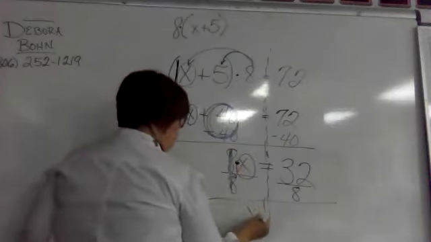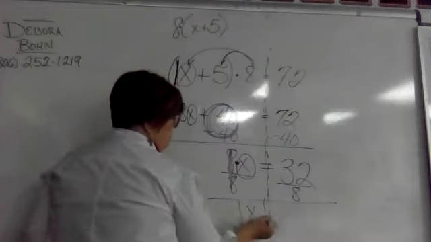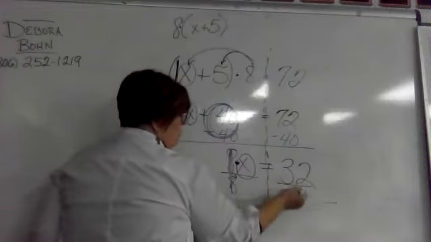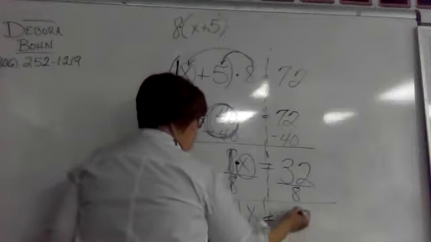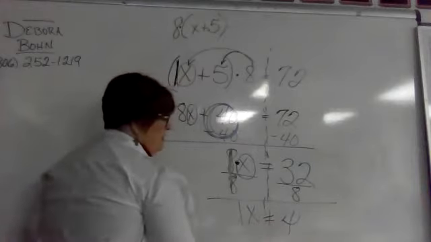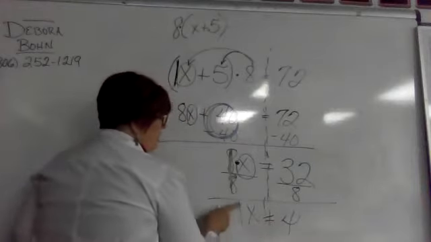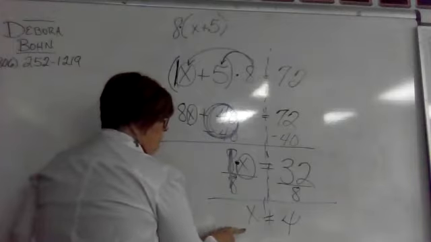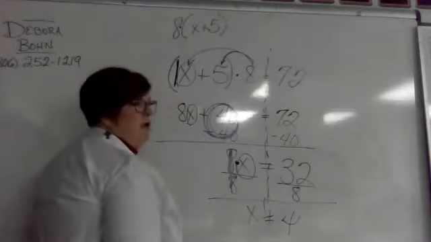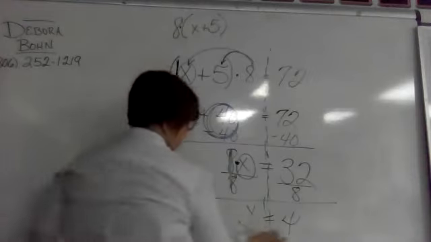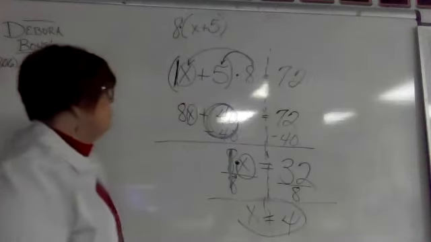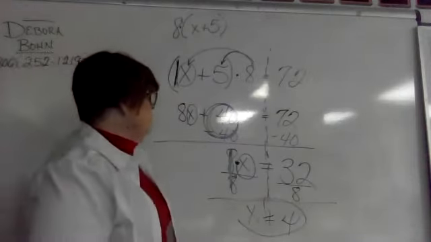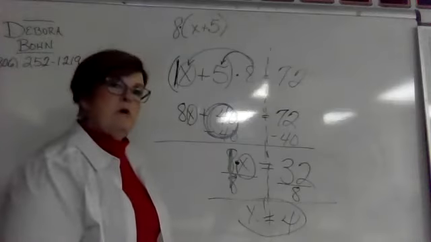So now we have just a 1x equals 32 divided by 8 is 4. And this is not wrong, but this won't be written on your test. They will leave the 1 invisible. So your answer to this problem would be x equals 4.